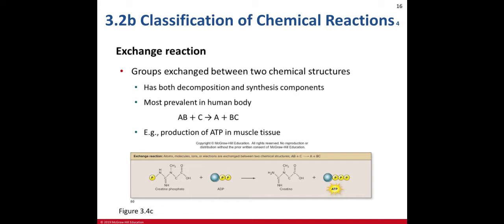And this is what is most often happening in a human body. We're going to take substance AB, we're going to add C, and it's going to yield A plus BC. And the example that your textbook uses, very common, has to happen in our cells, is making ATP.